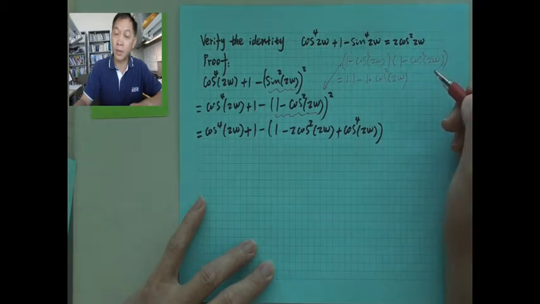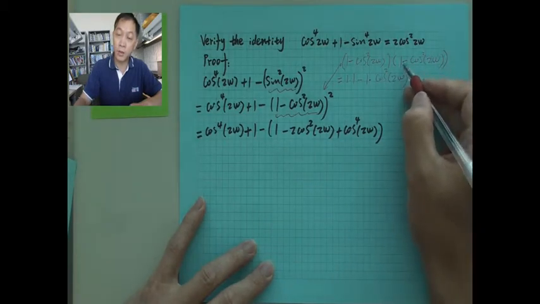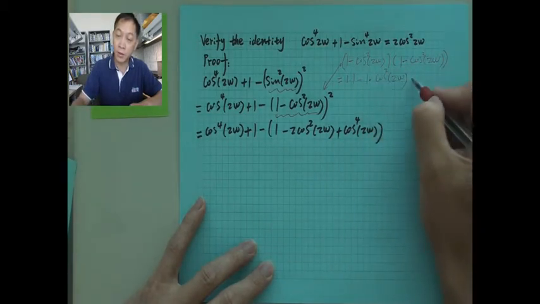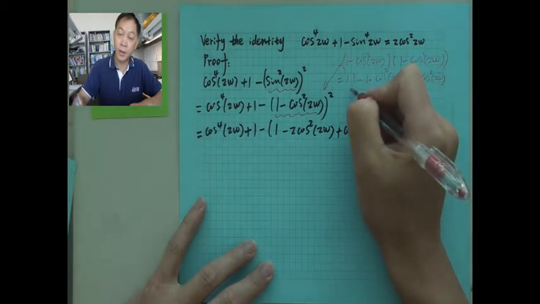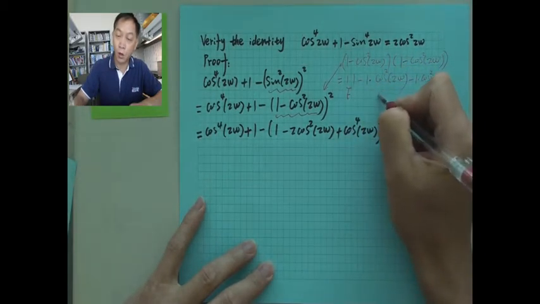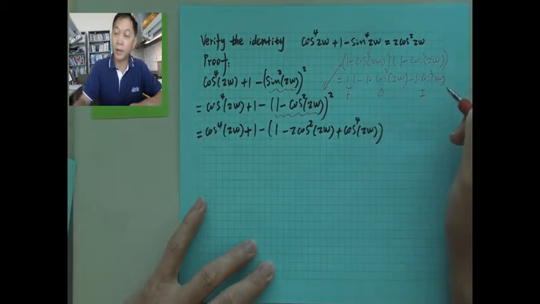Inner product, positive 1 times that, so you have a negative 1 times cosine 2 omega squared. And then the last one.